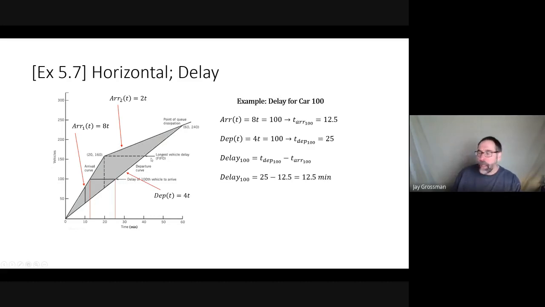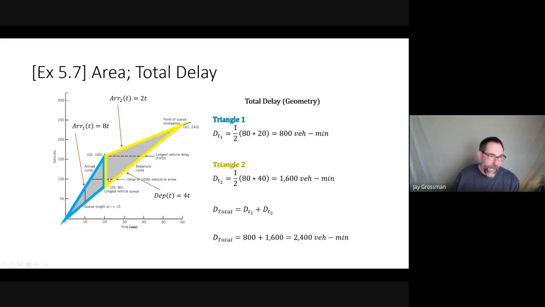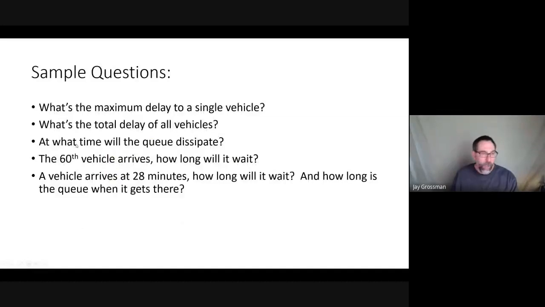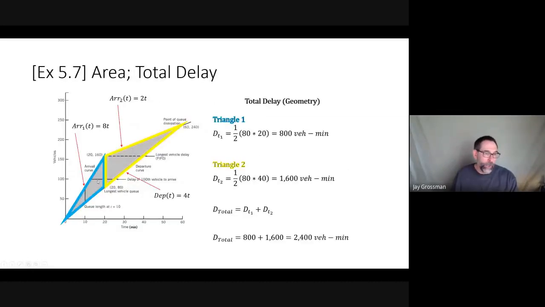And where we want to end up is, if you take the area of that triangle, or any shape, depending on your arrivals and departures, the area is giving you the total user delay at this toll booth or traffic signal or whatever it is. We can calculate the total user delay of that whole process.